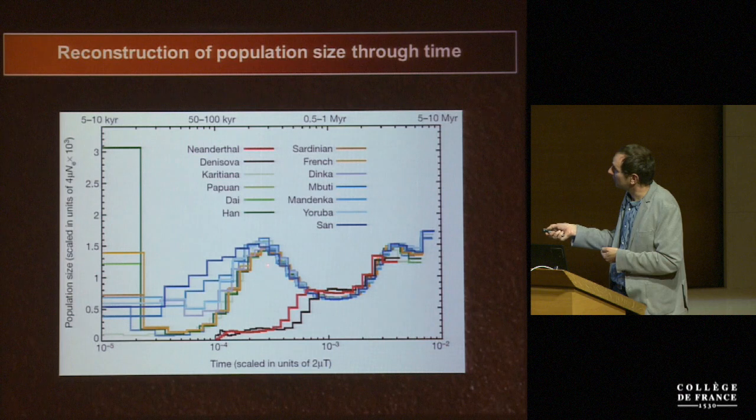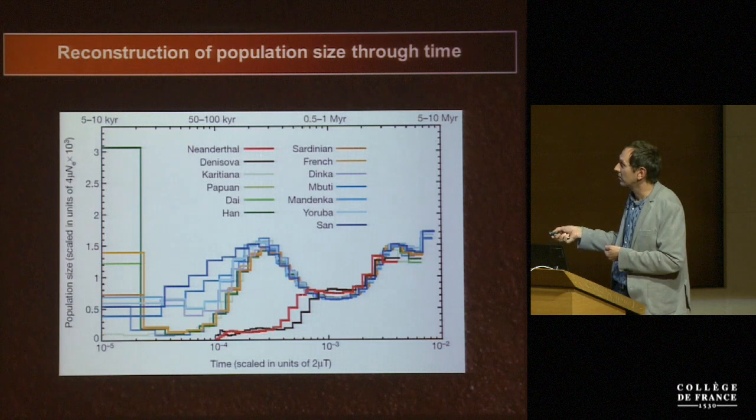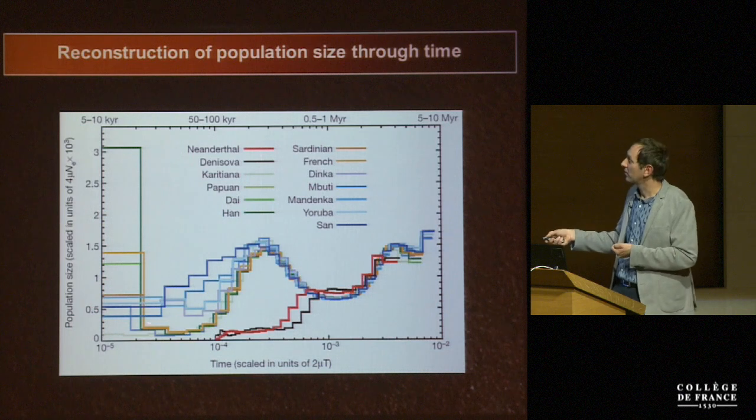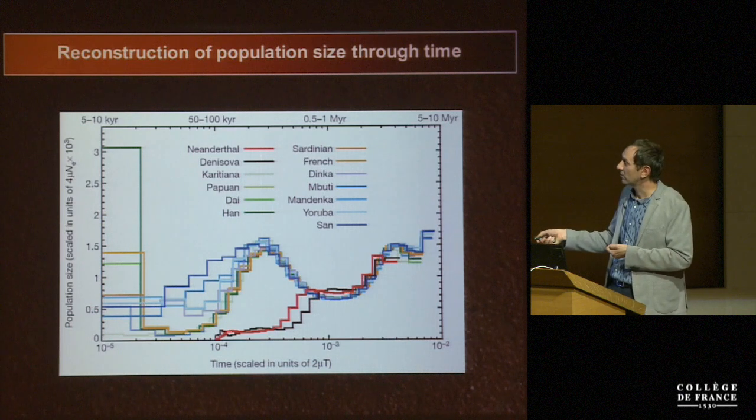If you now take both archaic individuals, the Neanderthal and the Denisovan, you will see that they have a very different population size compared to modern humans over time. They had a very small population for hundreds of thousands of years before they finally went extinct.